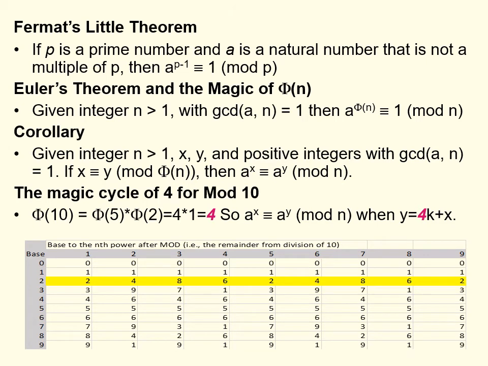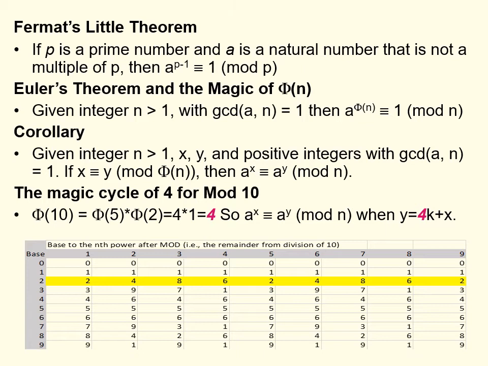So there are several theorems at work here when we're trying to get a more generic formula to solve any integer to any integer power and find the remainder problem. One of them is called Fermat's Little theorem, and this is actually a very interesting one.